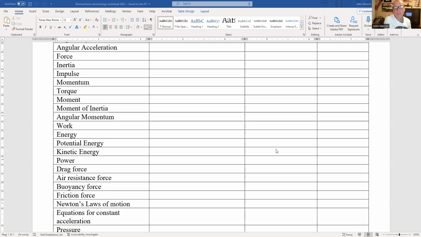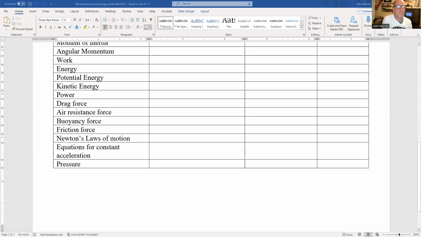Kinetic energy is the capacity to do work based upon motion, and the equation that we start off with in the linear world is 1/2 mv squared. We also have the angular kinetic energy, 1/2 I omega squared. All forms of energy have the units of joules.